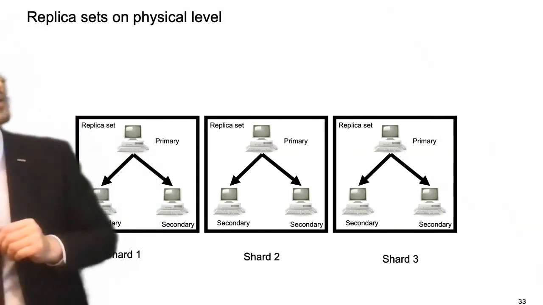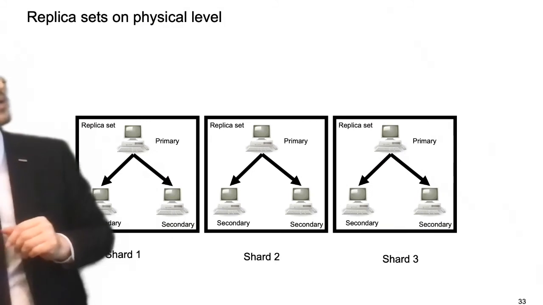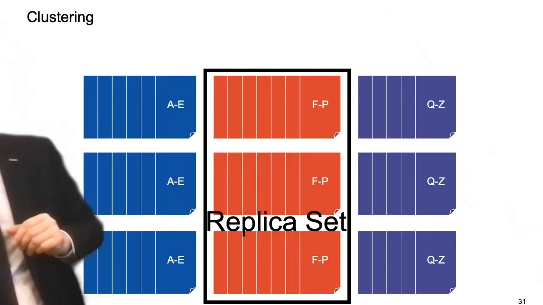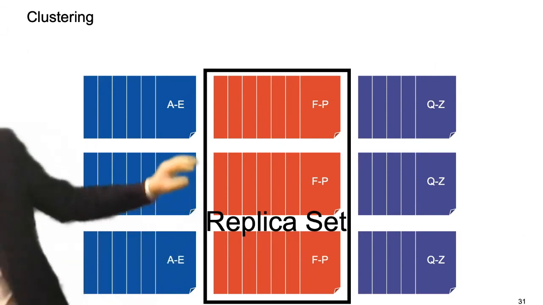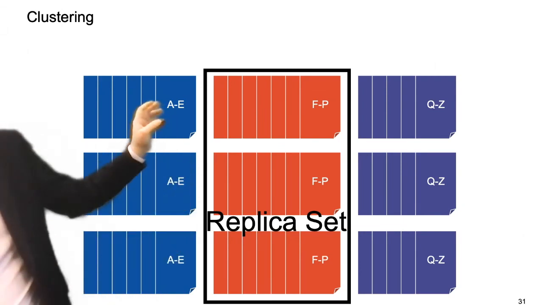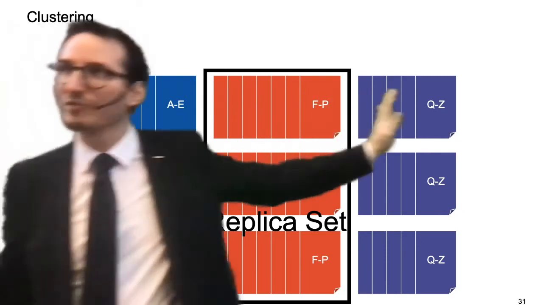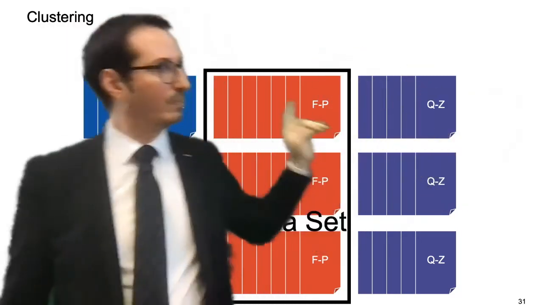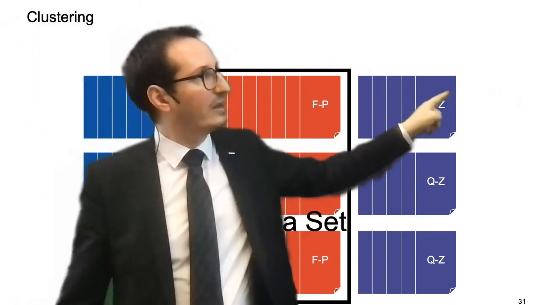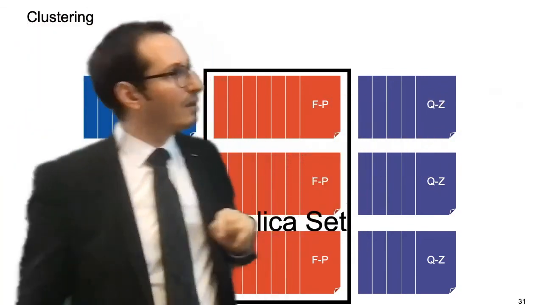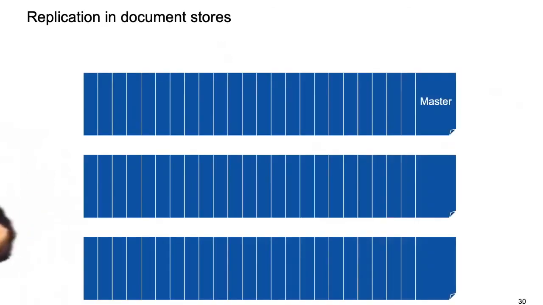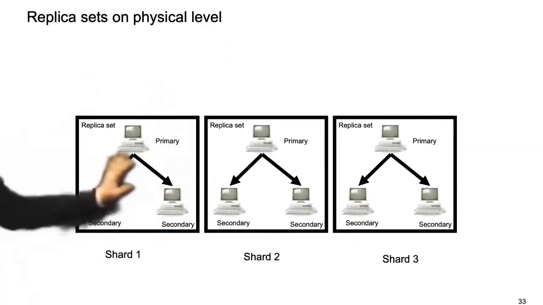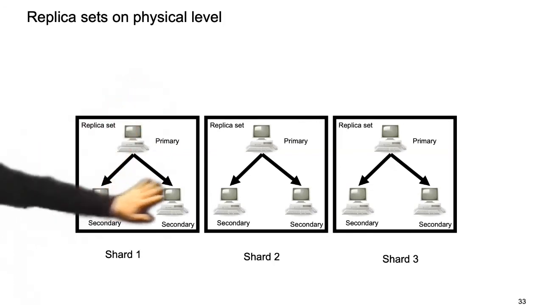Shard 1 there. Is it A to E and then the replicas? Which one is on which? I got confused from these ones. So this is the collection. Maybe the slides are confusing. Let me re-explain. So you have a collection from A to Z. You split it in 3 parts: A to E, F to P, and Q to Z. What happens is that every replica set, I'm confused with my slide, A to E goes here 3 times, here, here, and here.